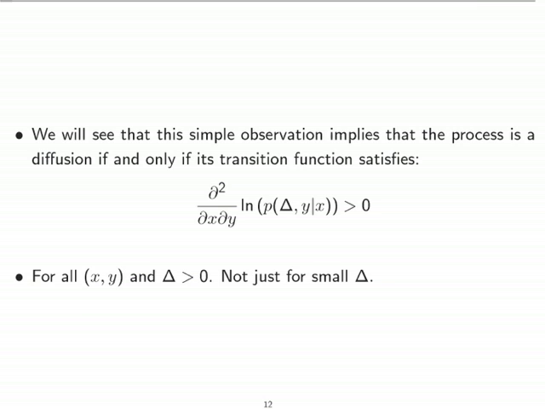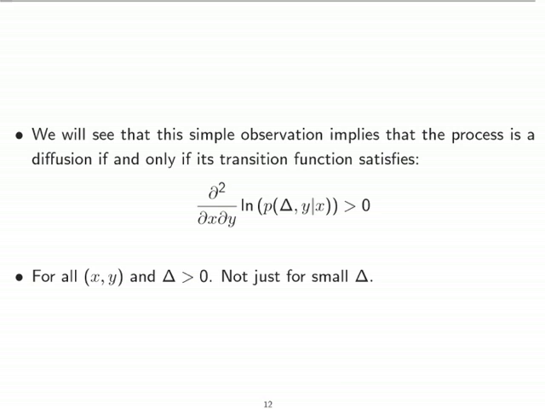A simple consequence of this, which you obtain from calculating that crossing probability after and switching the order, is that, really surprisingly enough, you will find that you have continuity of the path if and only if the transition function satisfies the following requirement, that the log transition function's second cross partial derivative is positive everywhere. It's really remarkably simple, and it's true for every delta.